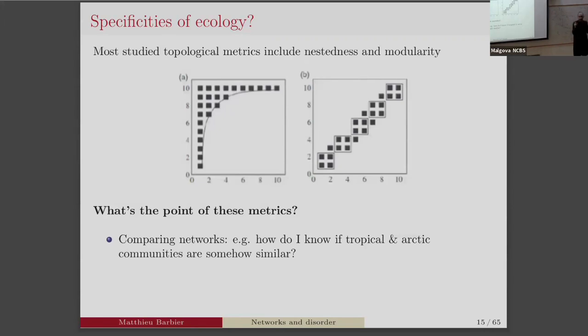It's not like every specialist. So modularity would be a thing a bit more like different plants are specialized on different things. A few plants have a few pollinators, and it's not the same as the next few plants. Nestedness is saying there are plants who are pollinated by everybody, and those who are pollinated by few are pollinated by a subset of those who are pollinated by more of the pollinators. I'm getting tired here, sorry.